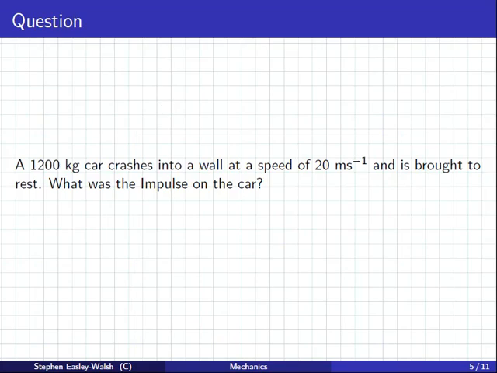Which formula are you using for impulse here? Are you using Ft or delta P? Delta P is a little easier. You could still use Ft, but it's more work.